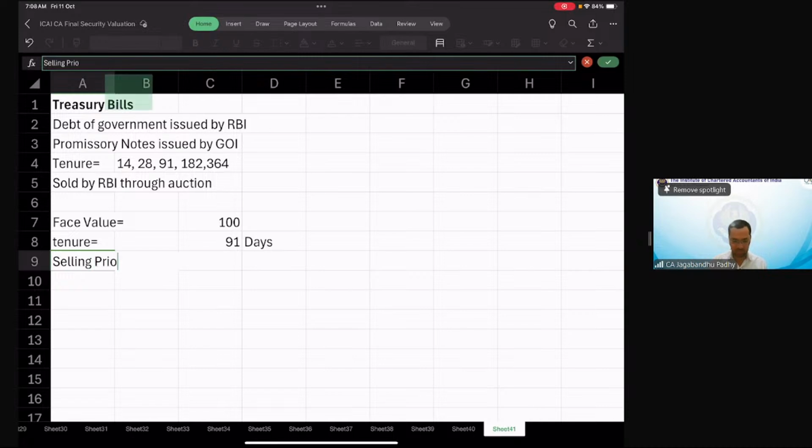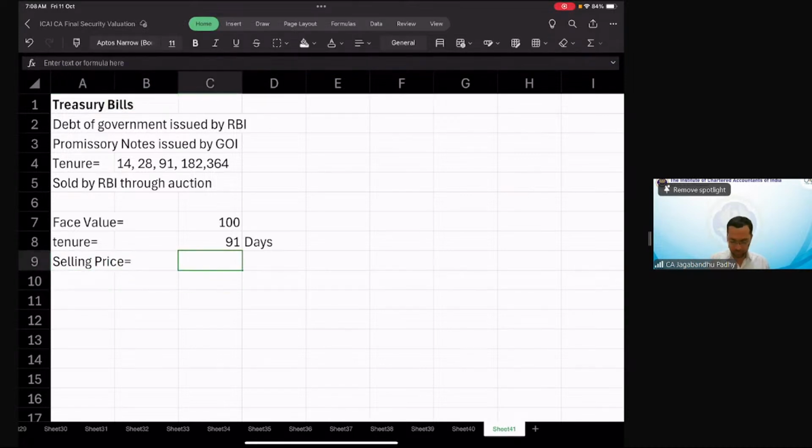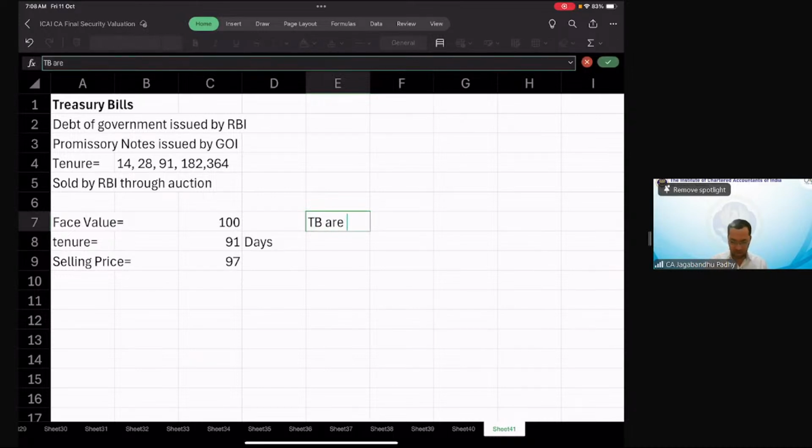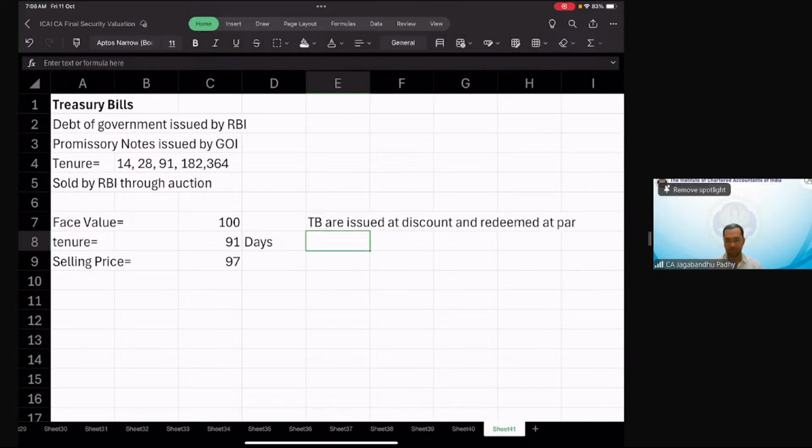Okay, so suppose there is an auction and the selling price was decided to be, suppose, 97. So what is going to happen in this case? Treasury bills are issued at a discount and they are redeemed at par.